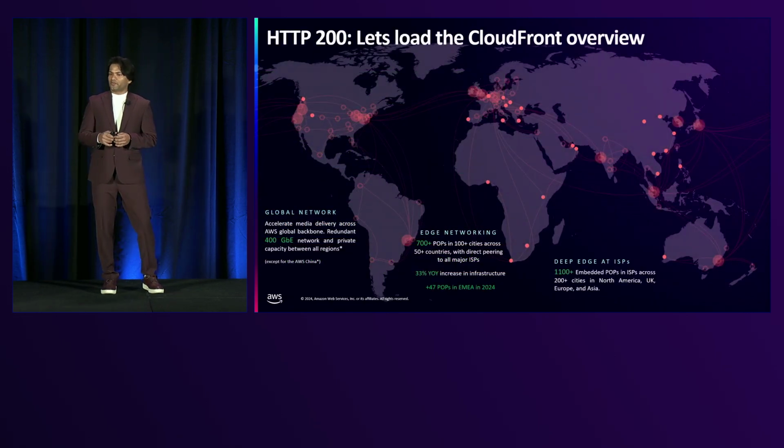So Amazon CloudFront is a globally distributed CDN, or content delivery network. It's designed to deliver content with low latency, high transfer speeds, and optimal reliability. At the core, we have 700 POPs across more than 50 countries that cache copies of your content closer to the end users.